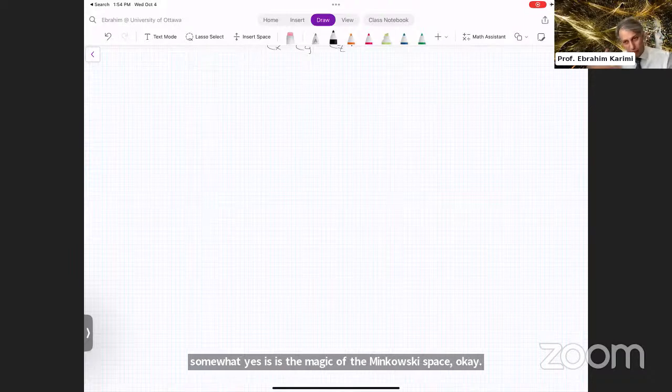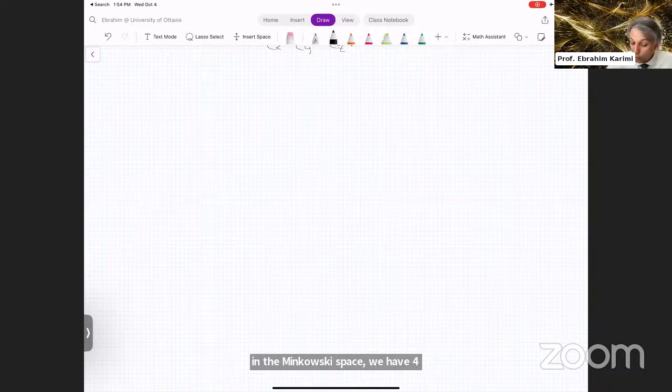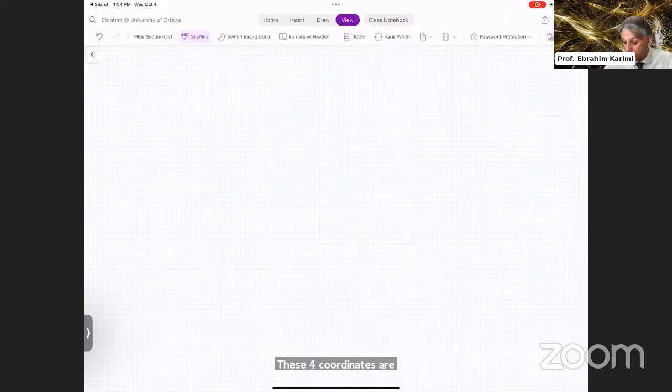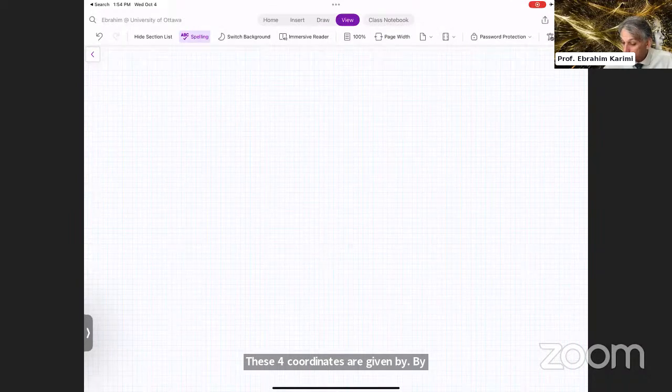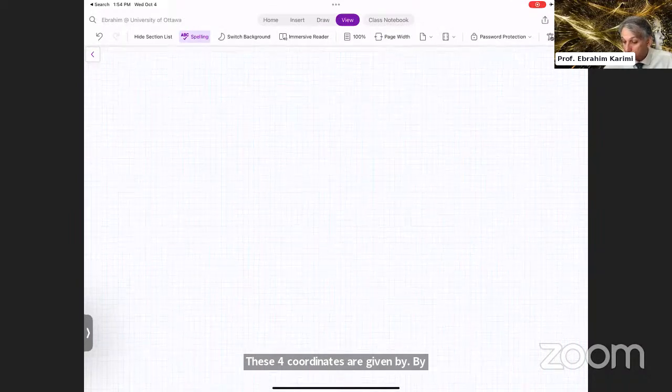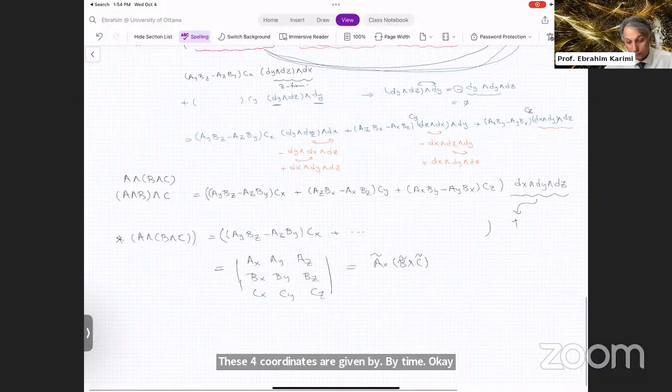Which we use in special relativity. In the Minkowski space, we have 4 coordinates.